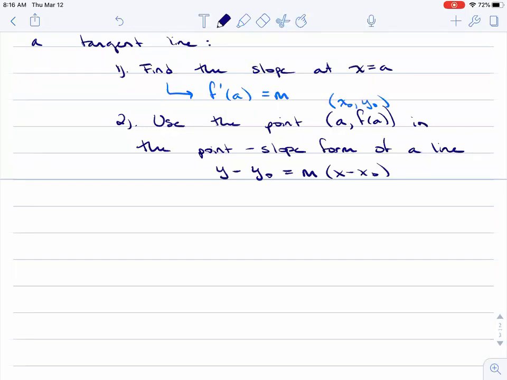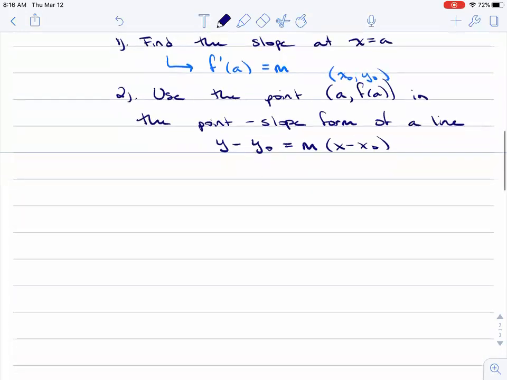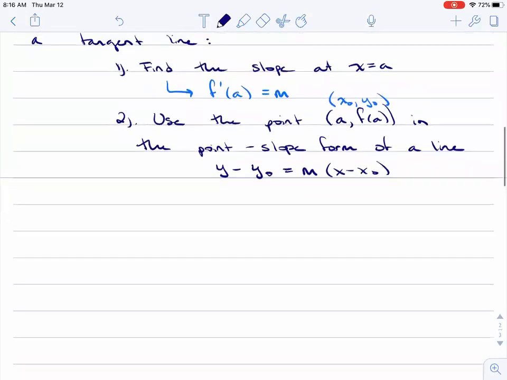So if we've got our point and our slope, now we can construct our point slope form of the line. I'll write it out because it's a new page here. Y minus y naught equals m times x minus x naught.